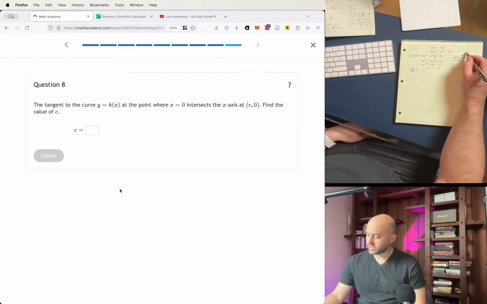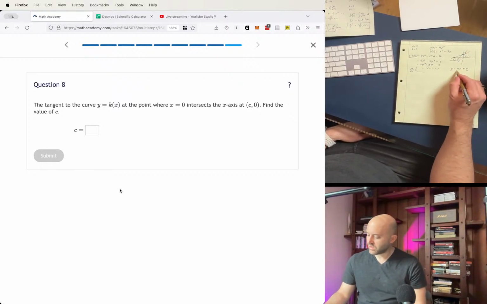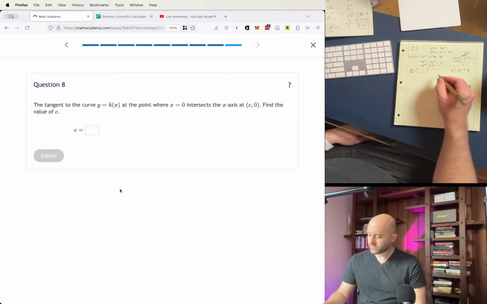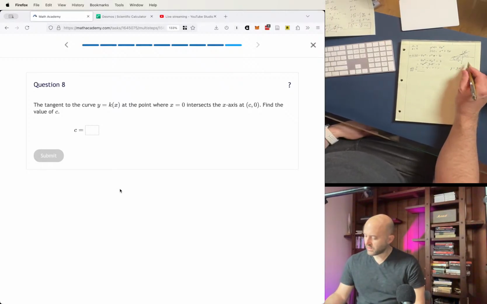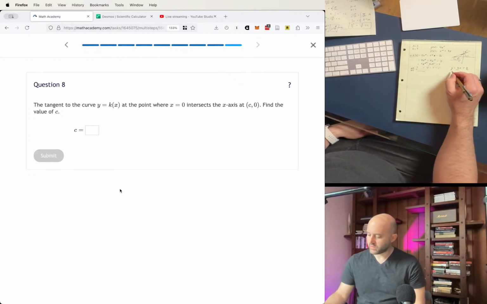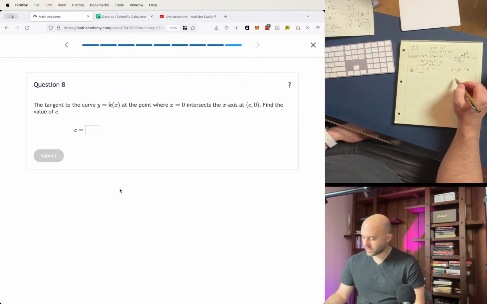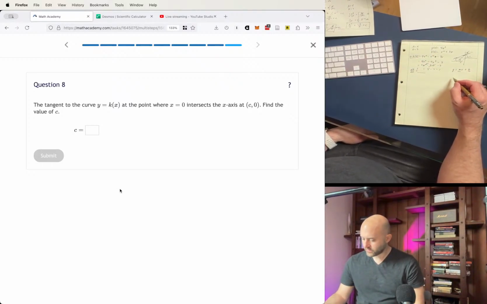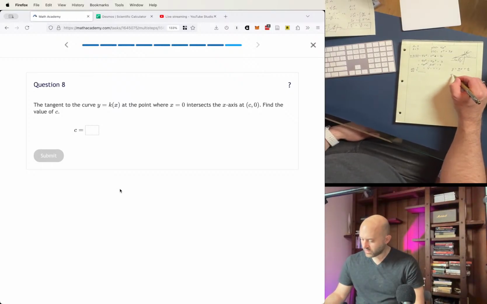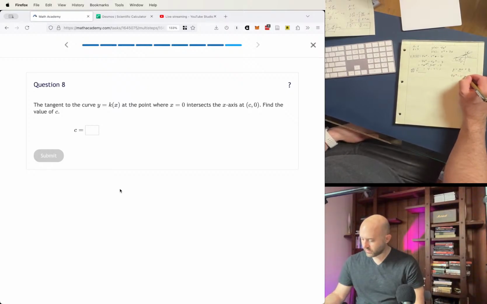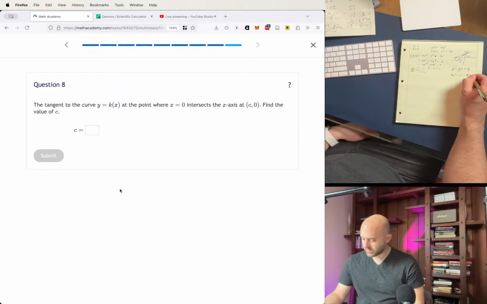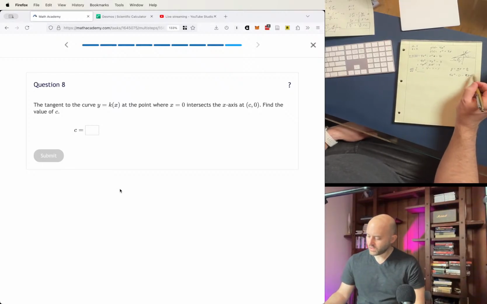So we need to find the equation of this line. We know the slope, which is already 1. So this is the equation for the line. We need to know where b is, and we do that by plugging in x equals 0. So 4e to the 0 minus 3 times 0. Gone.